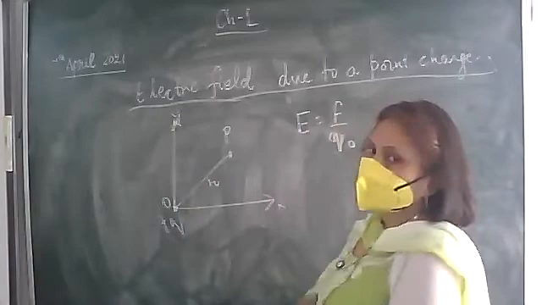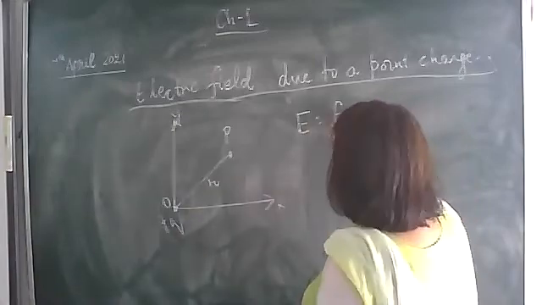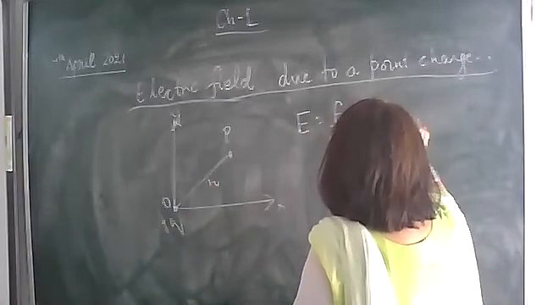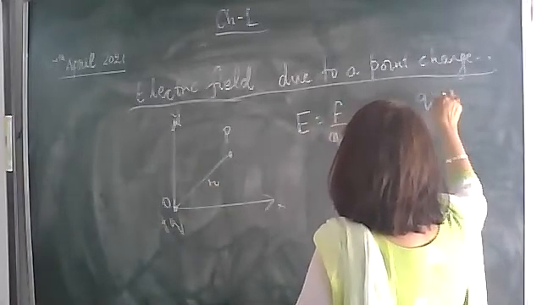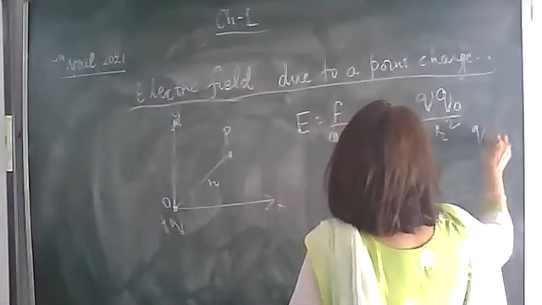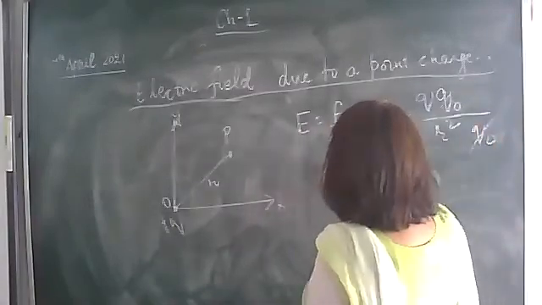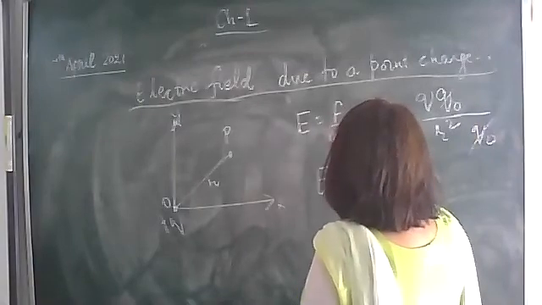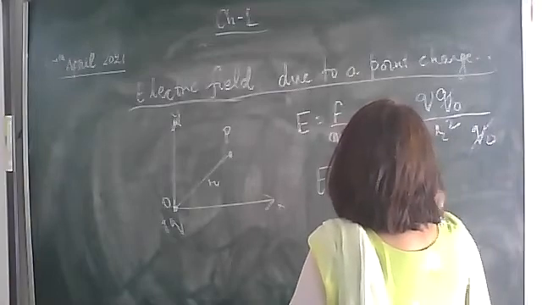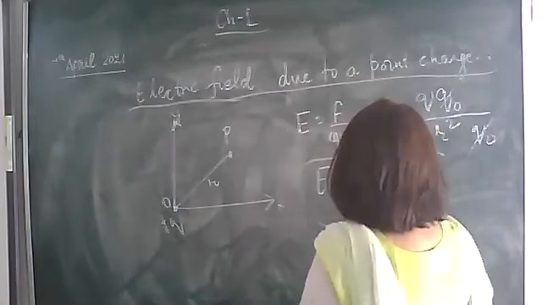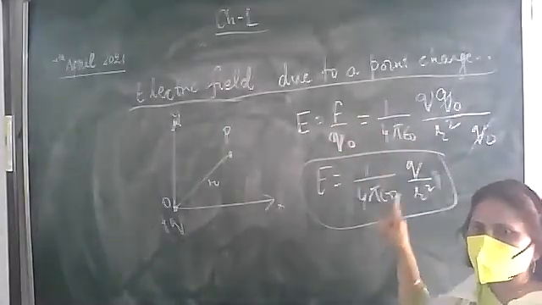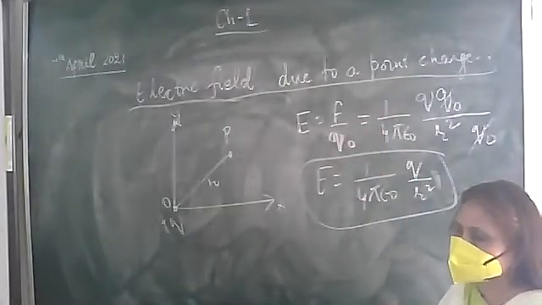And we know that electric field is force per unit test charge. What is the force between Q and Q naught? According to Coulomb's law, 1 upon 4 pi epsilon naught, Q into Q naught upon R square, divided by Q naught. This Q naught cancels out. So what is the electric field due to a point charge at R distance? Q upon R square. So the electric field due to a point charge is K Q by R square.